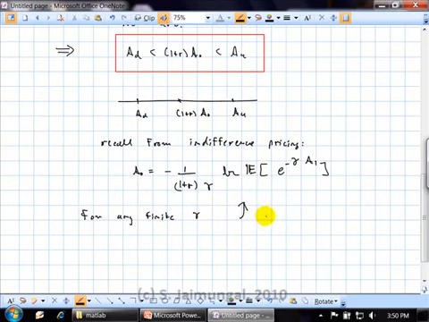So for any finite gamma, that expression does admit no arbitrage, because it's in the bound. Are we happy with that? That's a good result, isn't it?